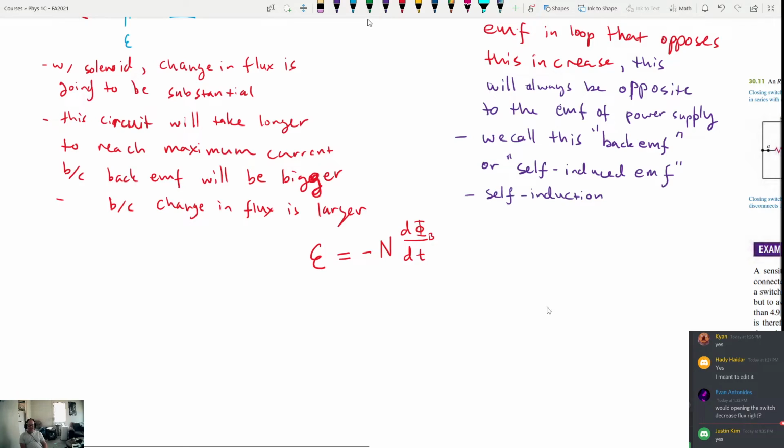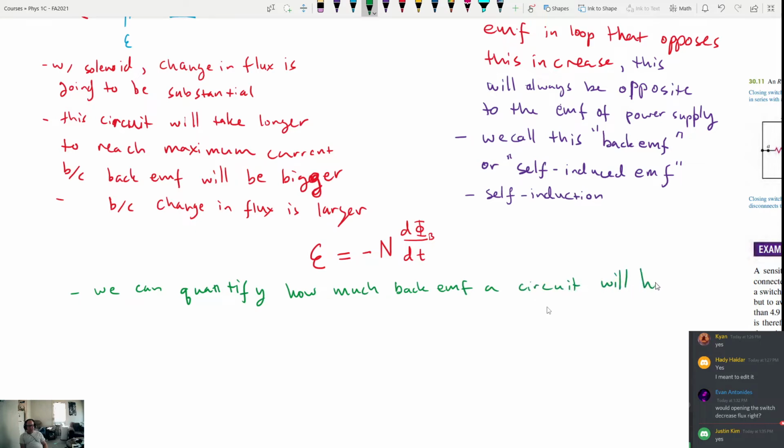So we can quantify how much back EMF a circuit will generate, and we do it through something we call self-inductance.